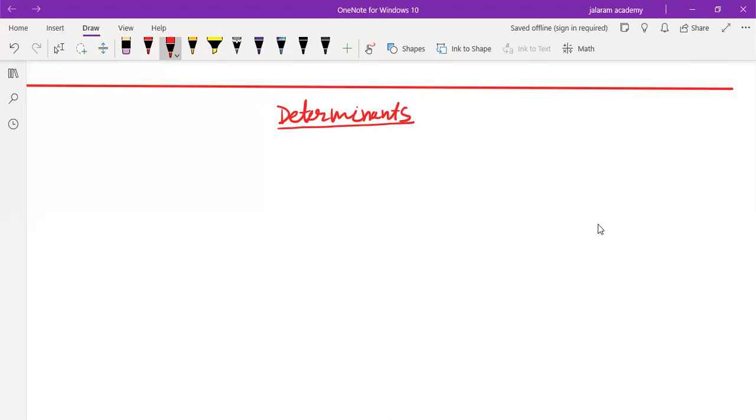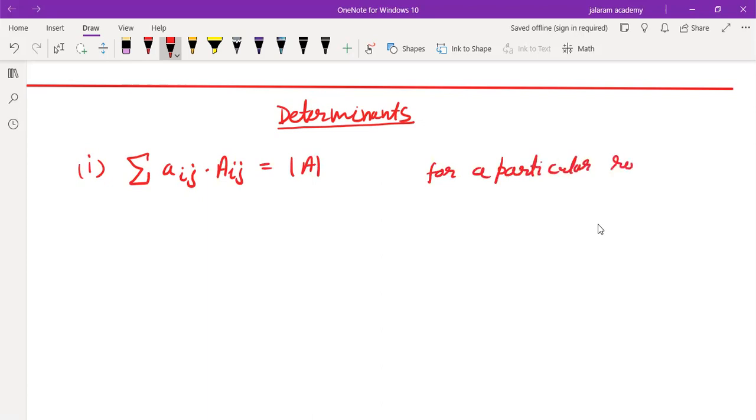We have in previous sessions discussed that sigma aij into cofactor ij equals the determinant of A, for a particular row or column.